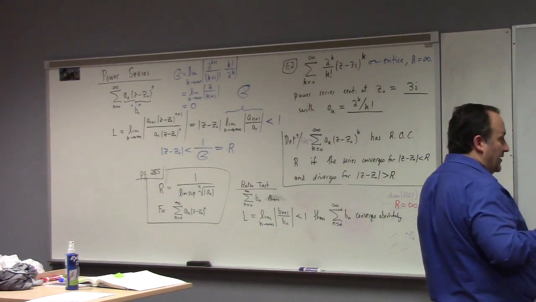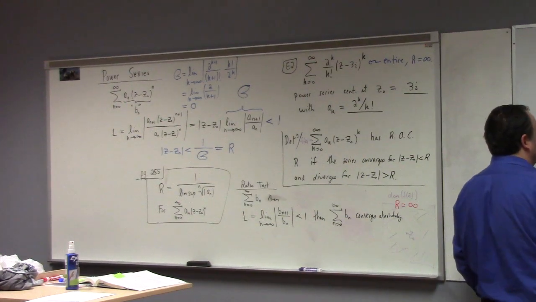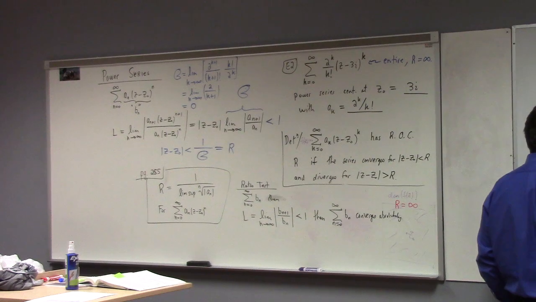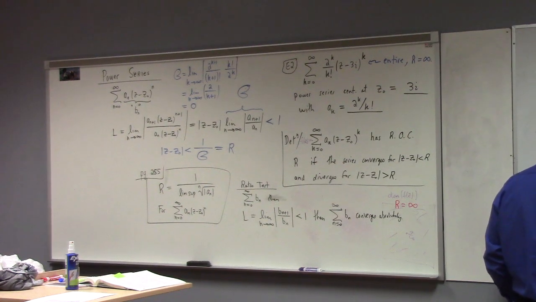Probably the kth derivative of f over. That sounds like a good choice. So the kth derivative evaluated at z naught divided by k factorial, that will be how we choose our coefficients, right?